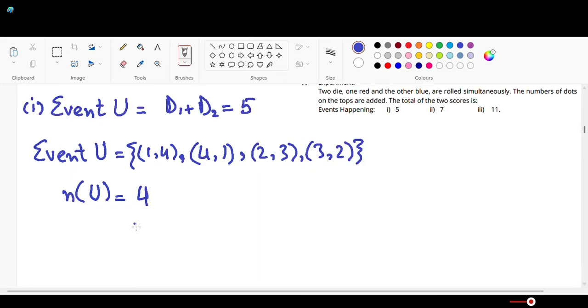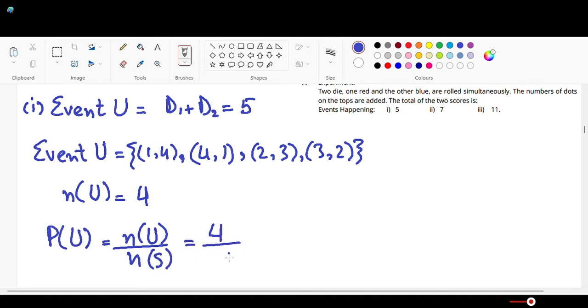So the probability of event U taking place is equal to the number of elements in event U divided by the number of elements in sample space S, which is 4 over 36.